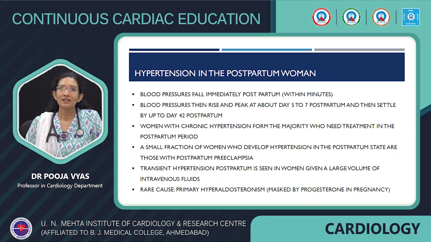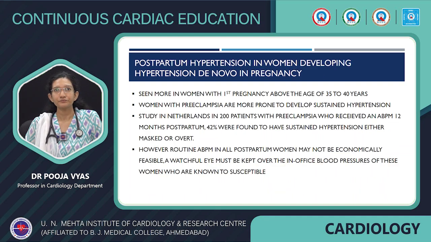So when there is less progesterone in the postpartum period, it can unmask primary hyperaldosteronism. So it should be kept in mind when a patient develops hypertension in the postpartum period.